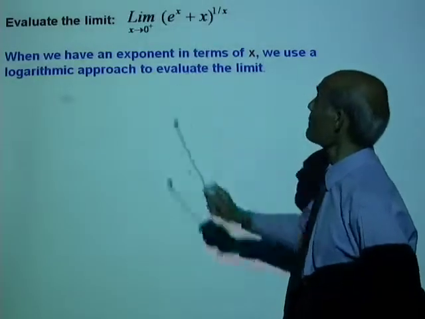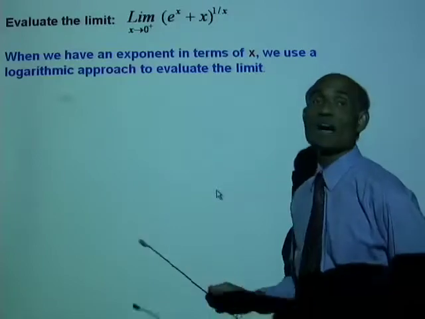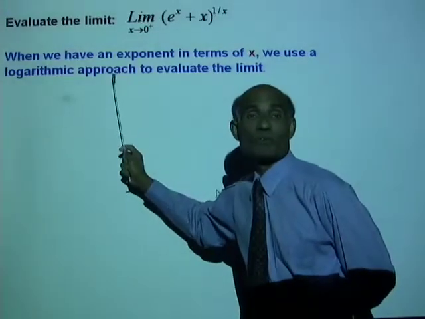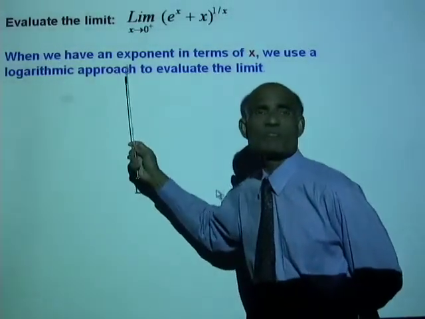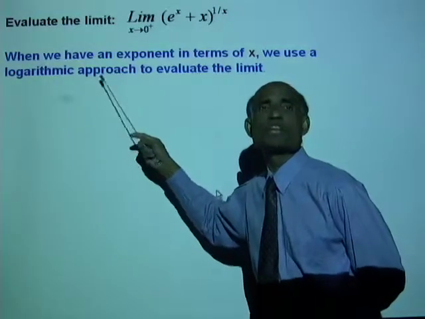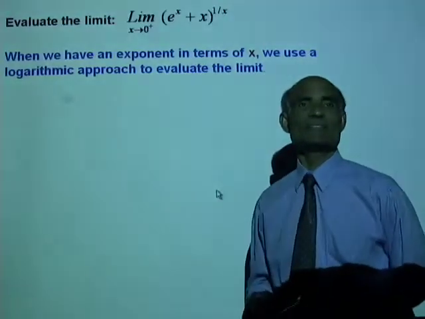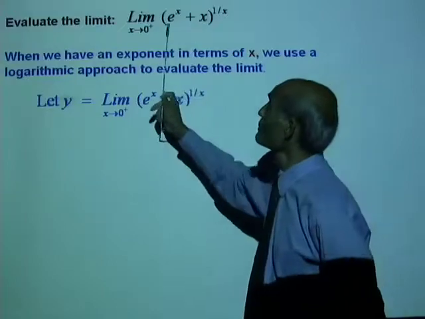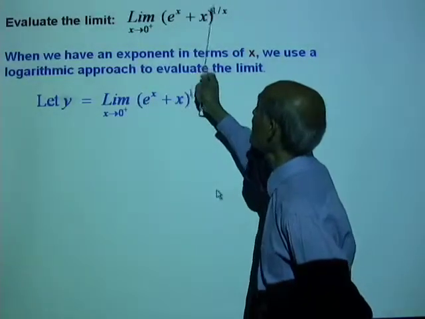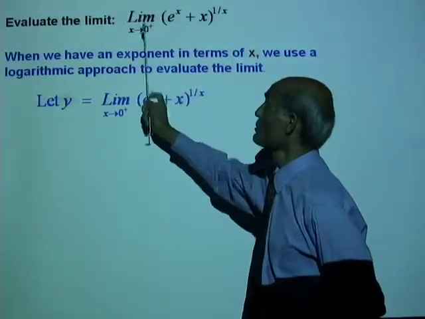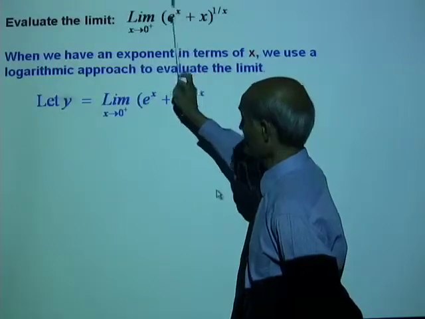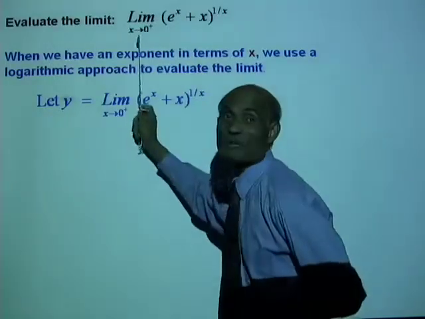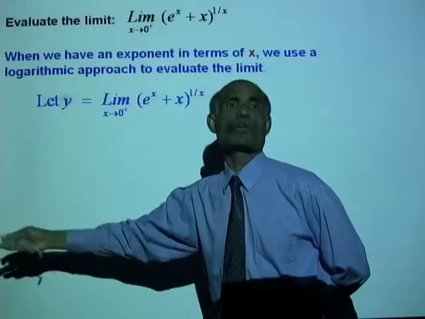We have an exponent here, and in order to do the derivative, we actually have to use the logarithmic approach. Because we have a power 1 over x, we're going to call this limit y.